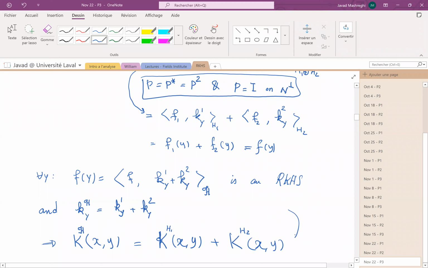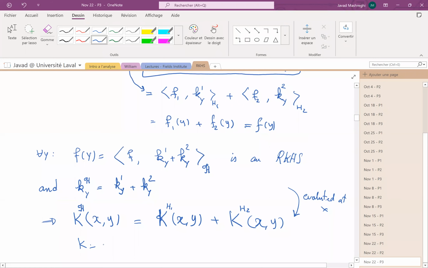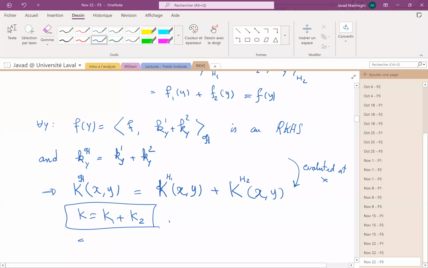This is the same thing as here, but evaluated at x. Or put it simply, k equals k1 plus k2. So the H that I constructed is an RKHS with kernel k1 plus k2.